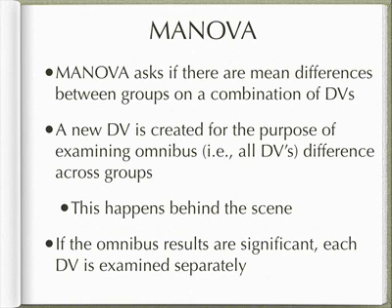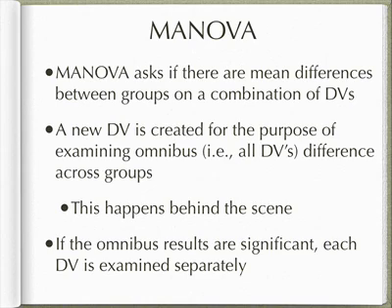The best way to think about it, let's say we have 3 dependent variables that are a part of our MANOVA. What SPSS does is it combines those 3 together in a useful fashion, and by combining those together into a single variable, we're able to assess whether that variable differs across our groups.